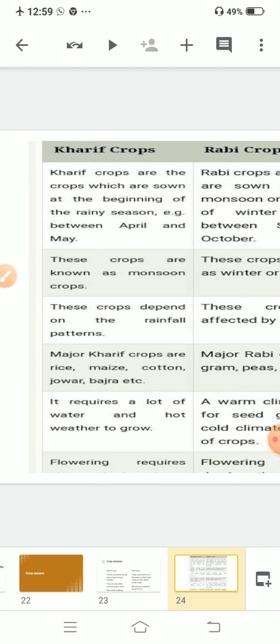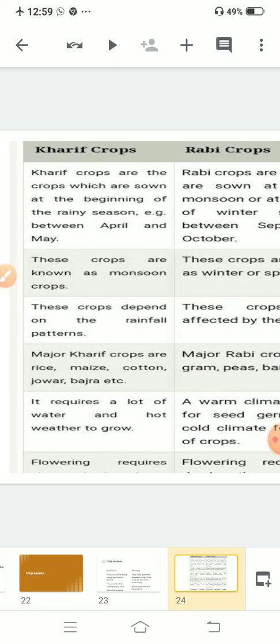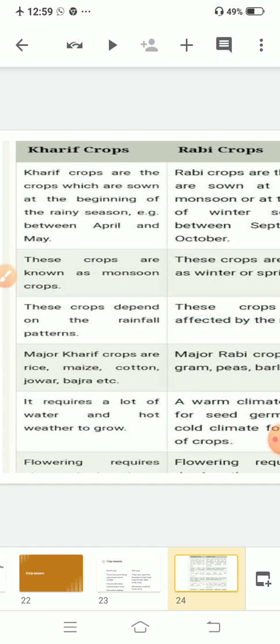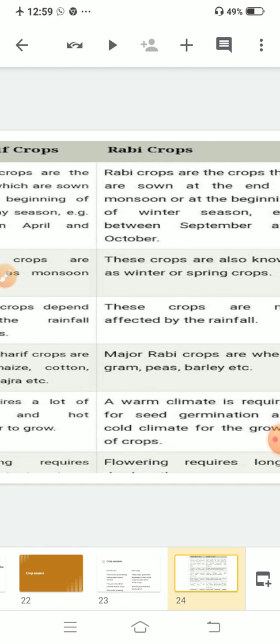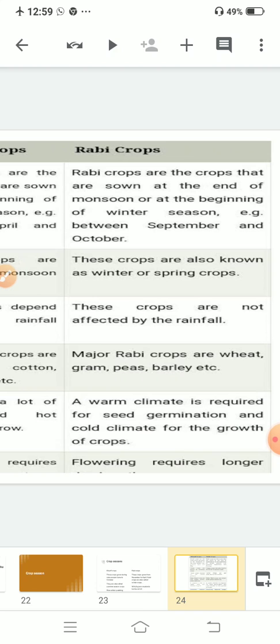These crops are known as monsoon crops and these are known as your winter or spring crops. These crops depend on the rainfall patterns because they are monsoon, and these are not affected by the rainfall. Example: jowar, maize, rice, cotton. Example: peas, wheat, gram, barley.